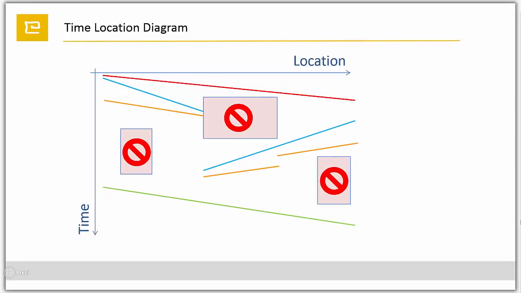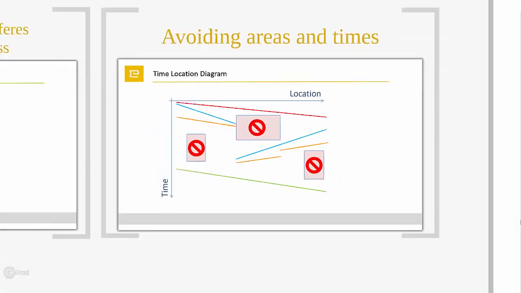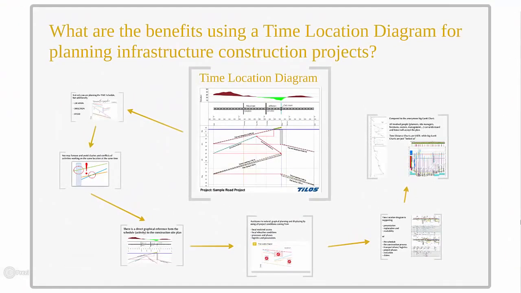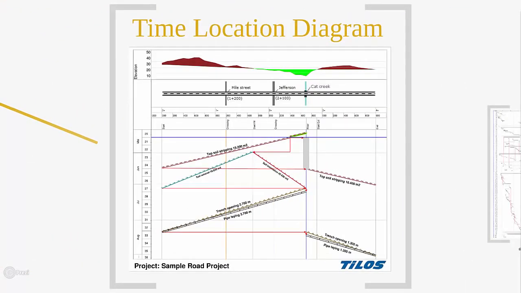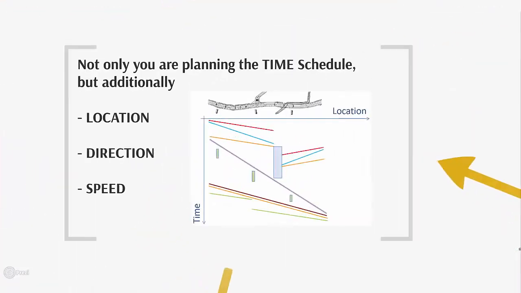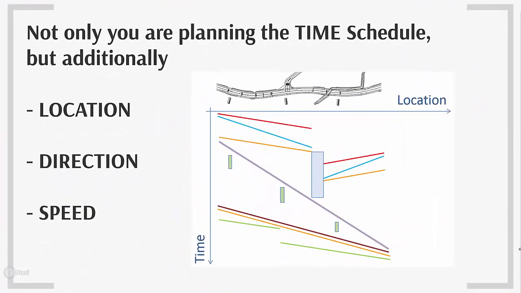Coming so far, now what are the benefits using a time-location diagram for planning infrastructure construction projects? Starting with the obvious from the time-location diagram, not only are you planning the time schedule, but also location, direction and speed.